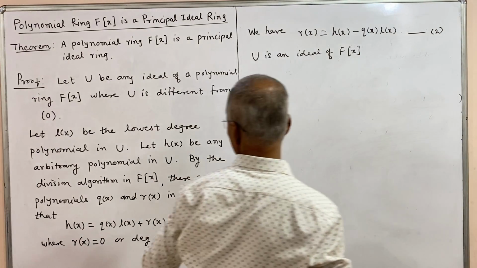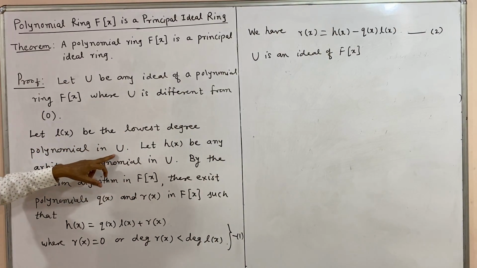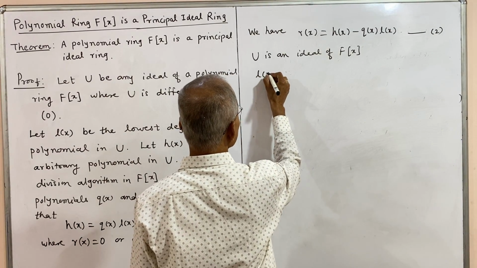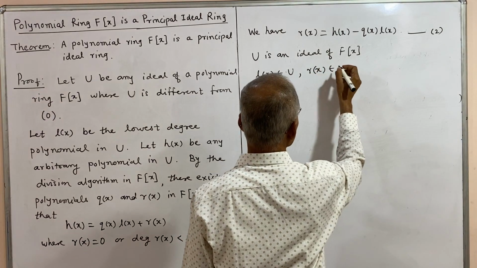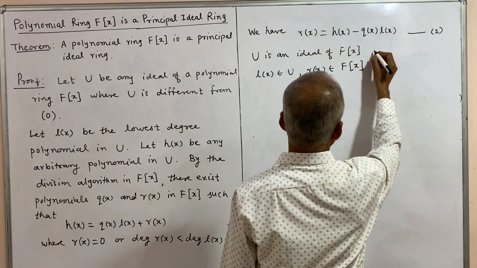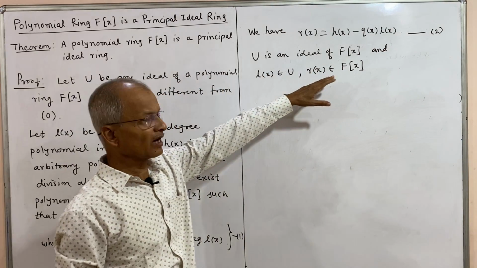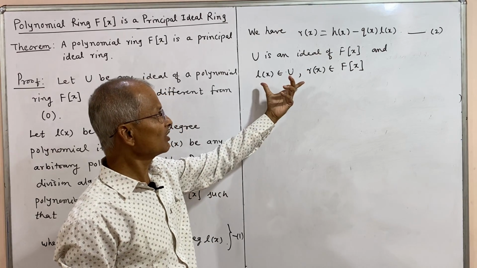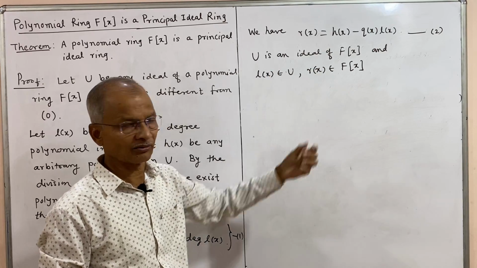L of x is in U. See, L of x is the lowest degree polynomial in U. L of x belongs to U, R of x belongs to f of x. U is an ideal of f of x, and L of x is in U, R of x is in f, and therefore by definition of ideal, second condition of ideal, their product must be again in U.